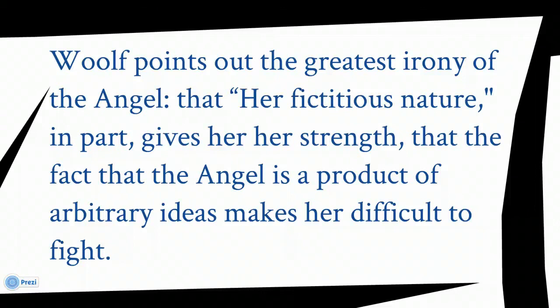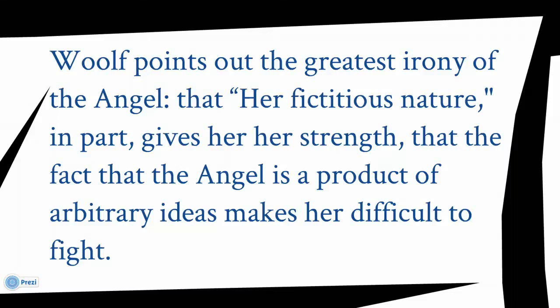Another interesting bit here. Woolf, we talked about the irony that she pointed out in her text. She points out that the greatest irony of the angel was that the angel's fictitious nature in part gave her strength in her fight against Woolf. That the fact that the angel is a product of arbitrary ideas somehow makes her more difficult to fight. That's very interesting.